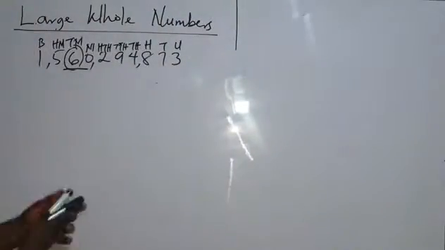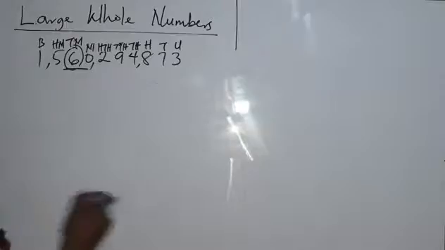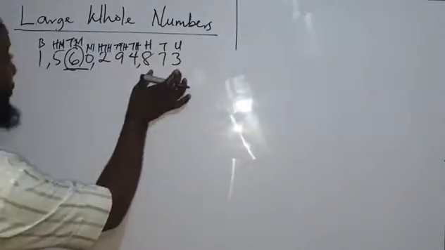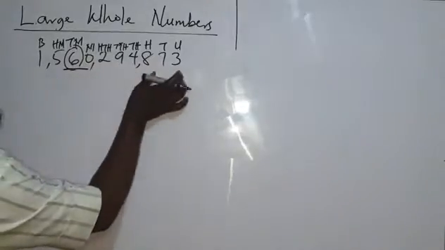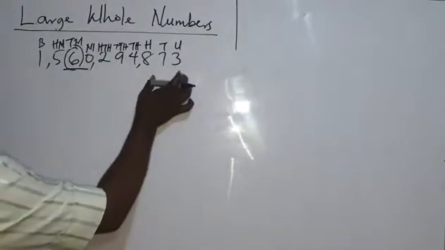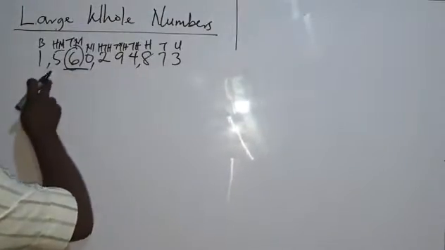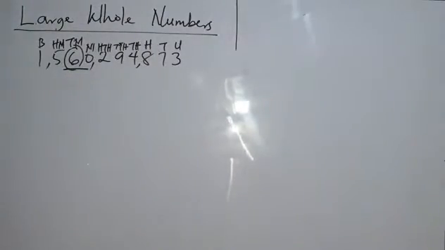In writing this in words, the first thing is for you to group the digits in threes, starting from the right. So 1, 2, 3, 1, 2, 3, 1, 2, 3. Then put the place values on it.